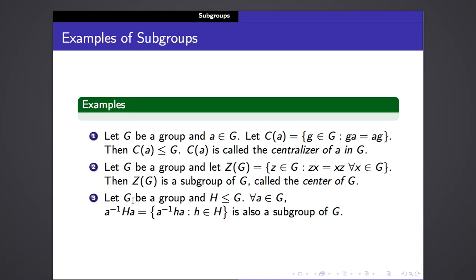And third example, let G be a group and H be a subgroup of G. Then for any a in G, a inverse H a, that's this set, a inverse times little h times a, such that little h is an element of the subgroup, is also a subgroup.